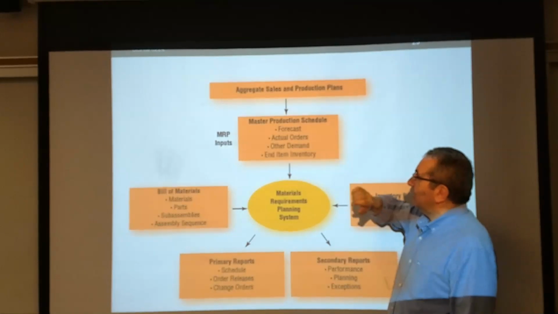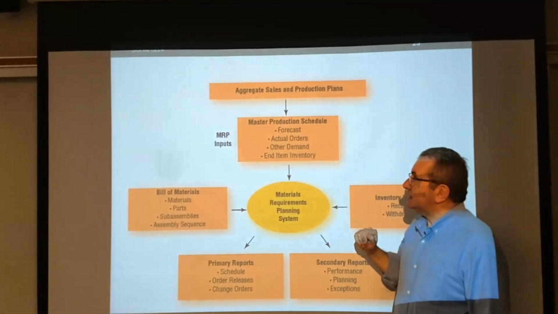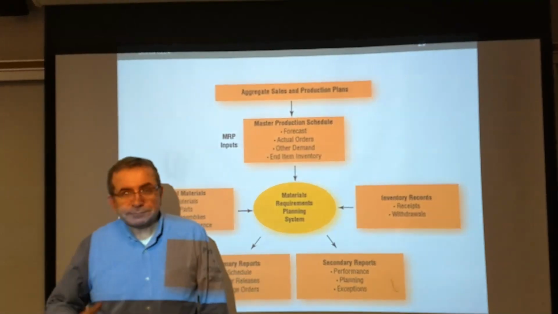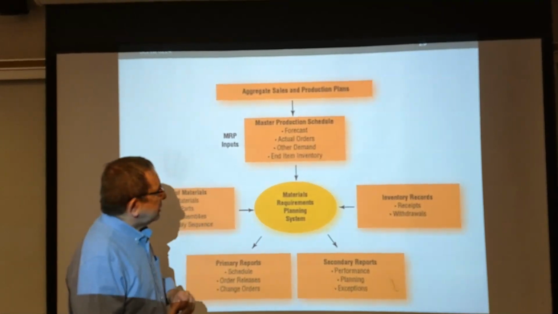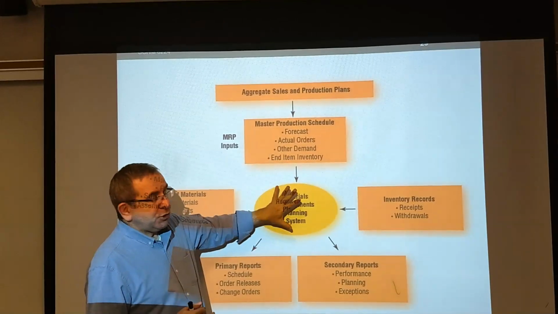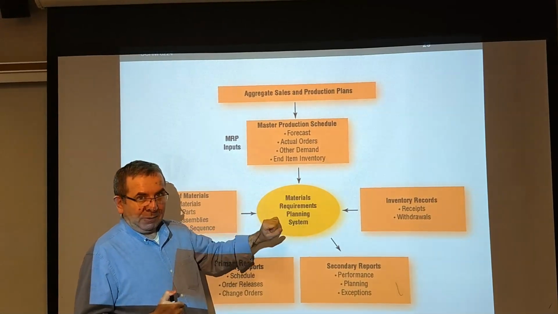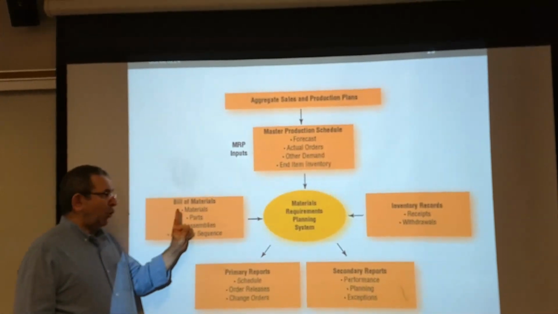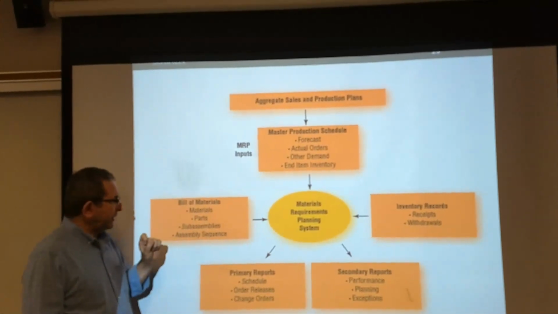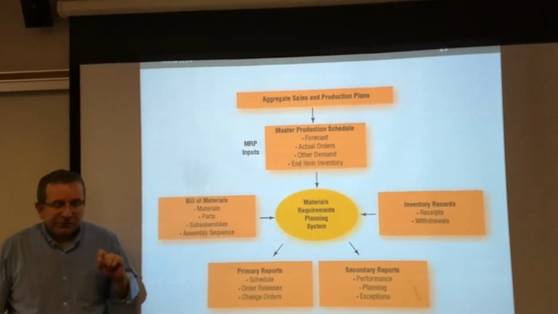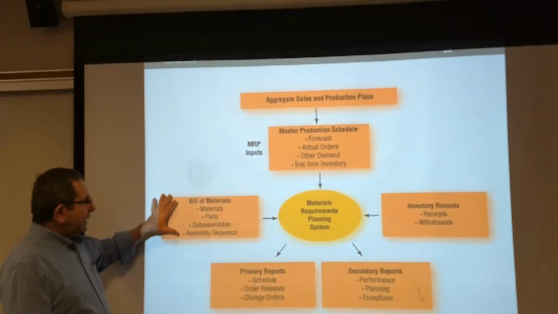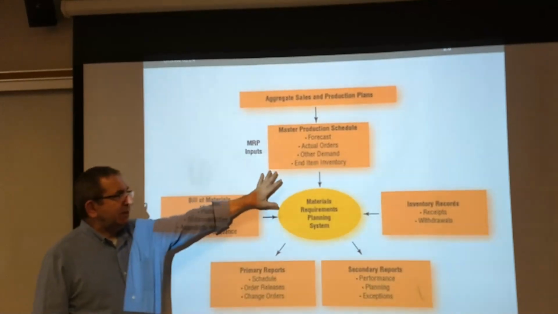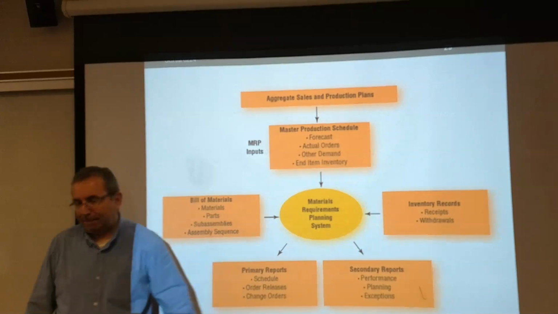Once you have this for these finished goods, for these SKUs, what kind of raw materials you need and how much, that comes from the BOM, or Bill of Materials. Bill of Materials is a list of parts and components you need to make a single finished good item.